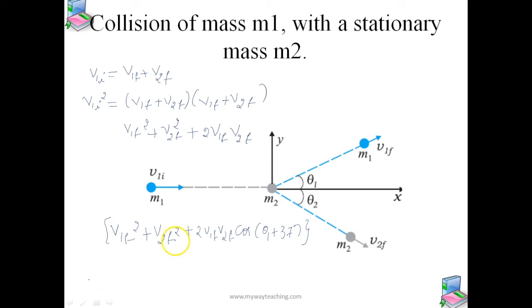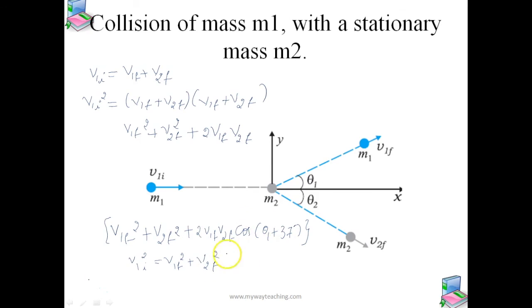Since the collision is elastic and m1 is equal to m2, it follows from conservation of kinetic energy that v1i square is equal to v1f square plus v2f square.